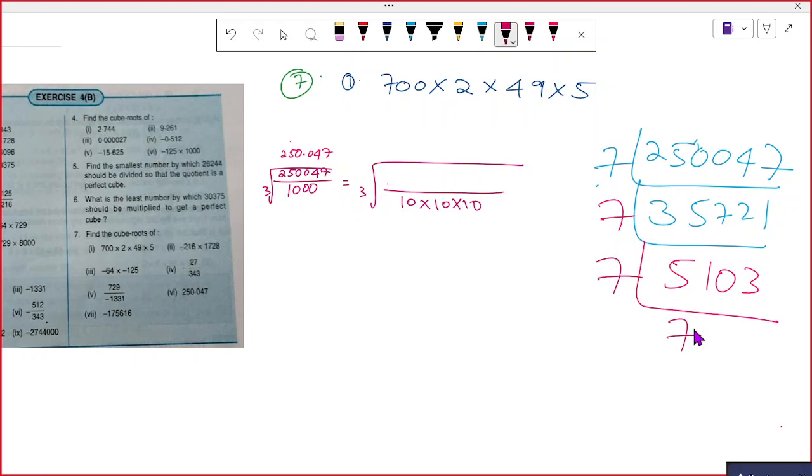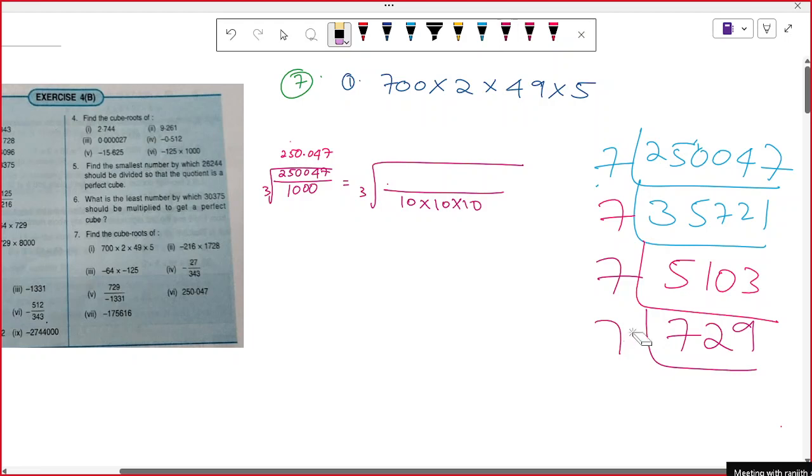7 sevens are 49. So 729. Then 3 into 243.